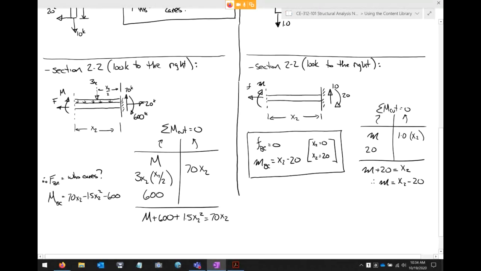Why is it who cares? Because the little FBC, the associated FBC, is also 0. So it doesn't really matter. Oh, I forgot something. This is x2 from 0 to 20.